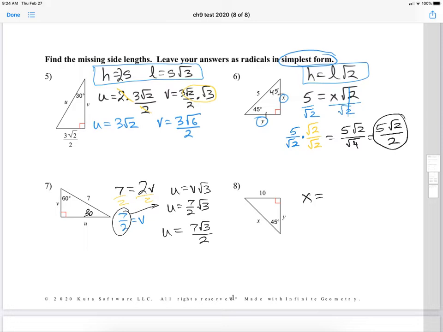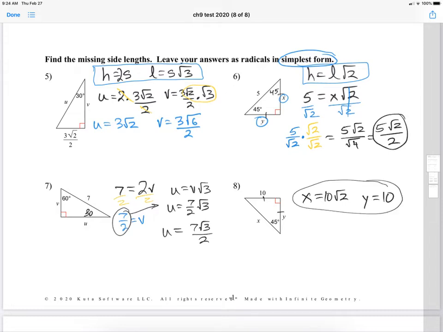So on a 45, 45, 90, the legs are the same. So that tells me right away that y is 10. Now how do I find the hypotenuse? The hypotenuse is x, the leg, which is 10, times the square root of 2. That's in the formula. And then you're done because this does not simplify any further.